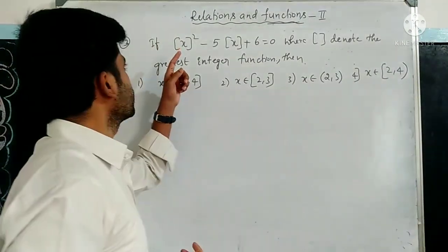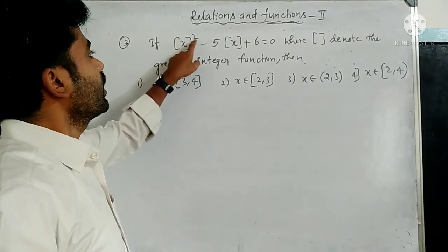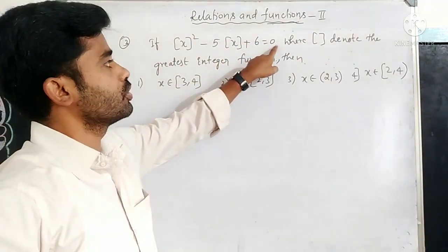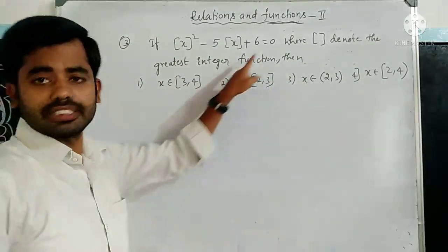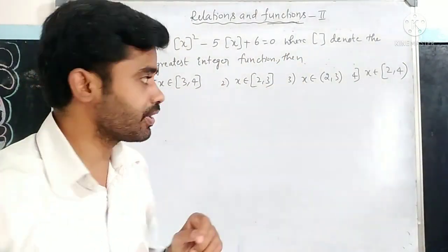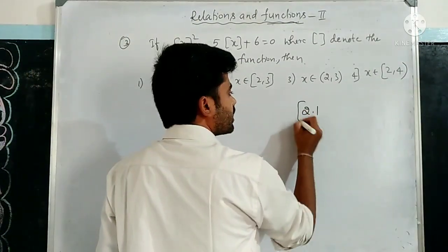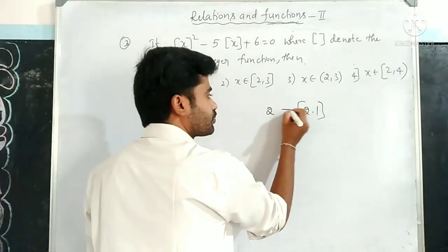Next one is: if [x] squared minus 5[x] plus 6 is equal to 0, where [ ] denotes the greatest integer function. What is the greatest integer function? Listen. What is the greatest integer function for 2.1? That is 2.